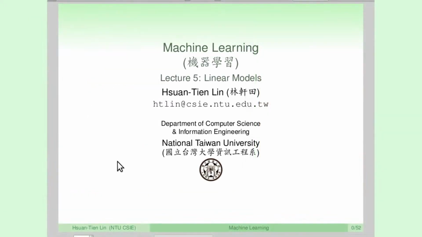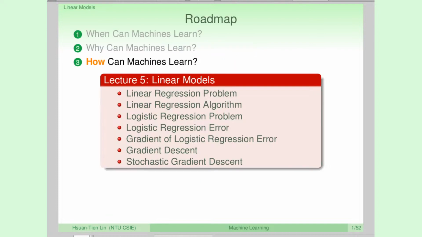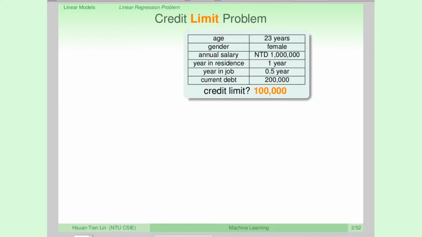Okay, let's move to what we're going to teach today. Now, enough with the theory. Now we're starting talking about how the machines can learn, in particular extending the linear models that we have seen. The perceptron is one particular linear model, and we extend to other cases. The first problem that we're going to encounter is a variation of the credit approval problem that we have seen.